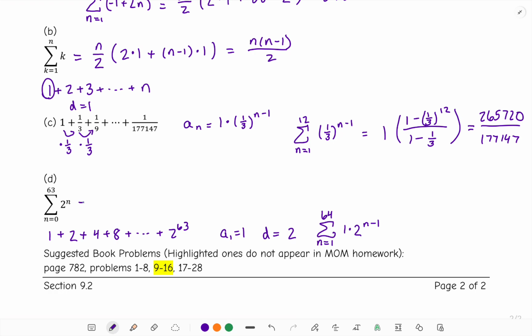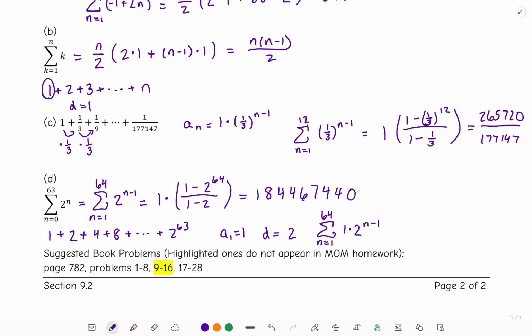And now I can say that this is equal to the sum of n equals 1 to 64 of 2 to the n minus 1, which is 1 times 1 minus 2 to the 64 over 1 minus 2, which comes out to be 18446744073709551615. So quite a large number.